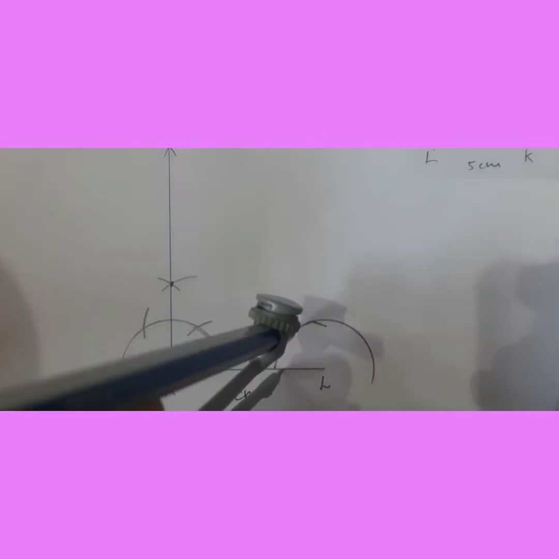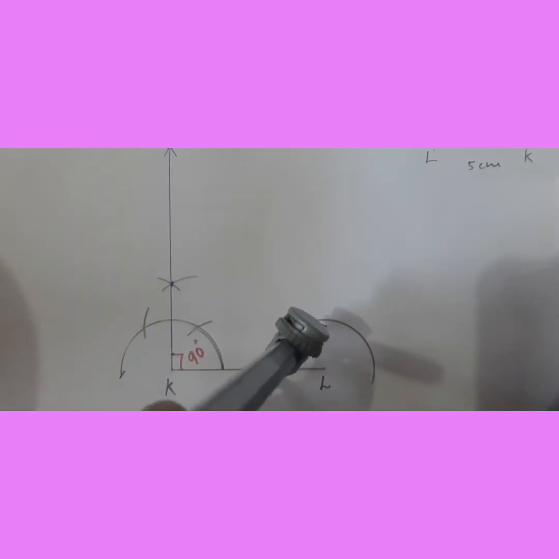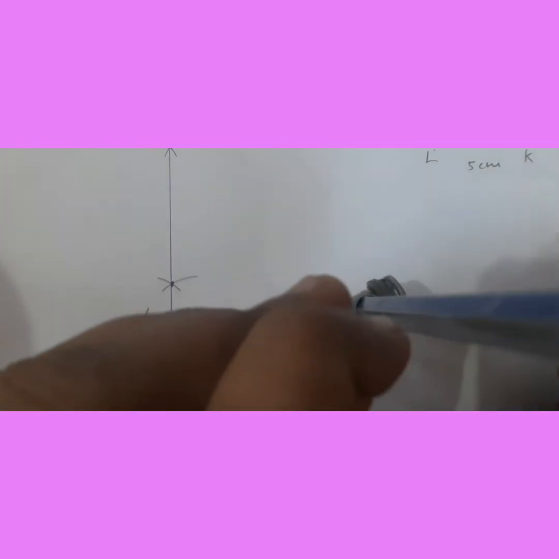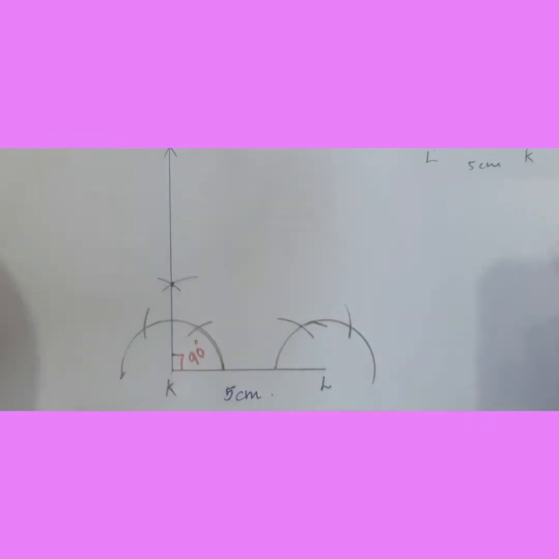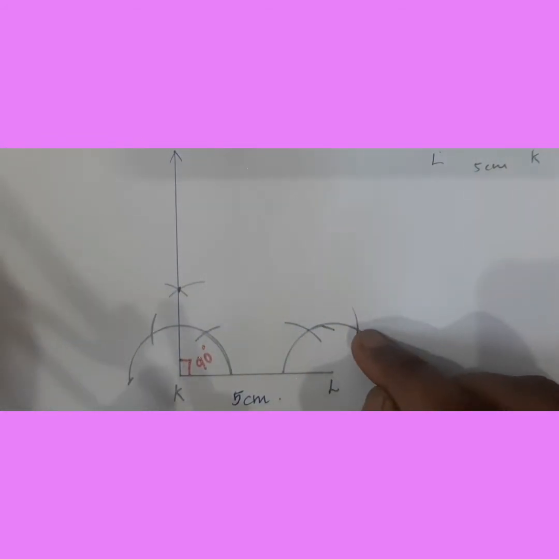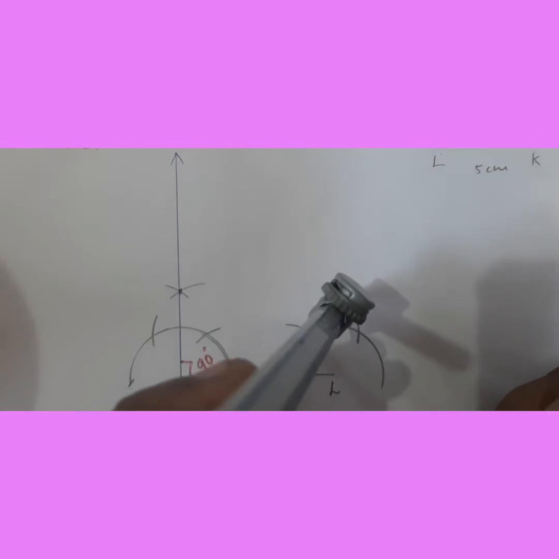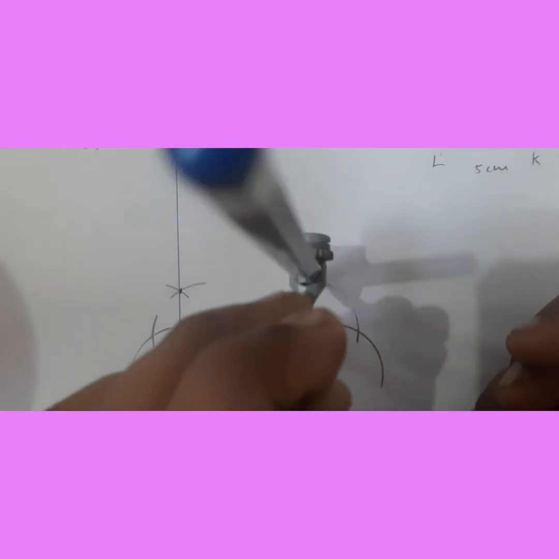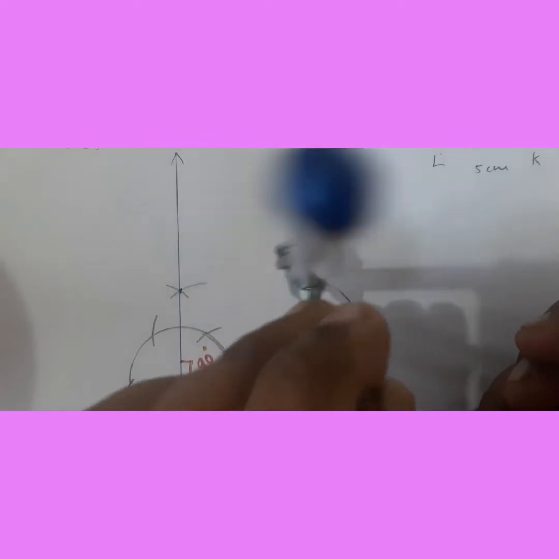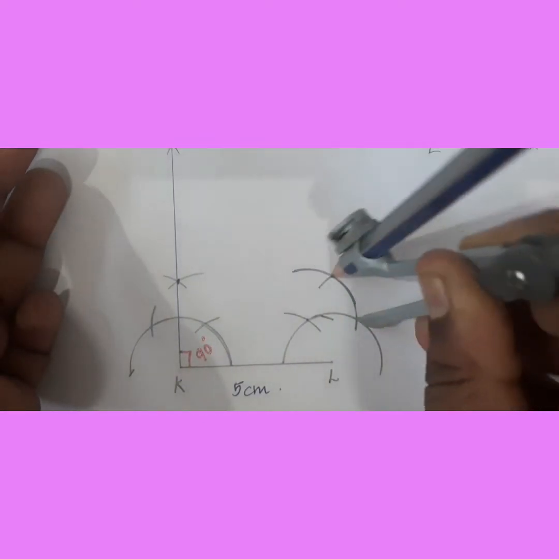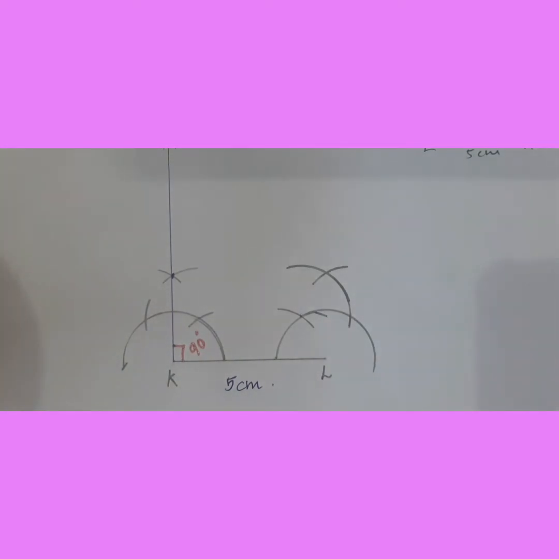Okay, so you have to keep the needle here, cut one arc, again needle, cut another arc. Okay, so from 90 to 120 only 115 will come. So first find out 90 first.